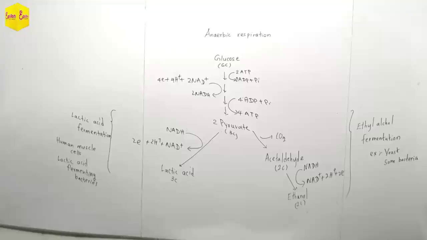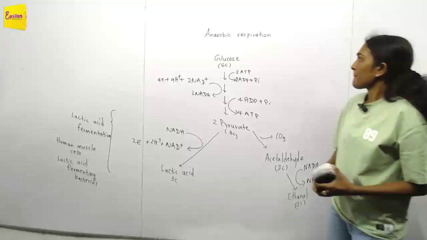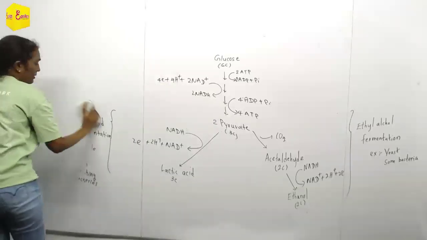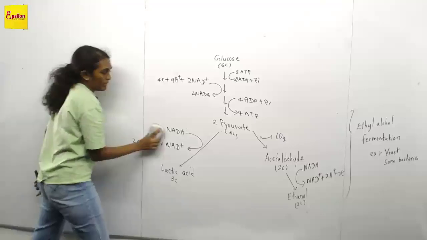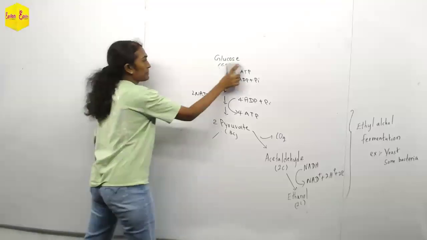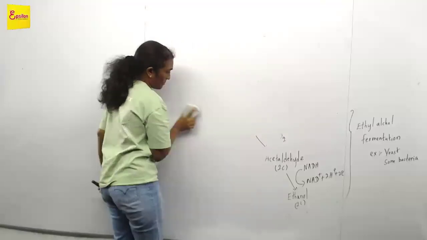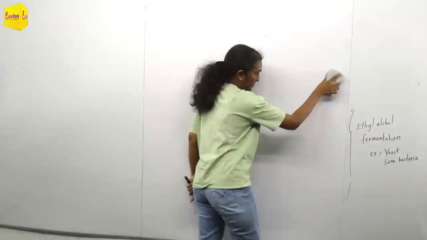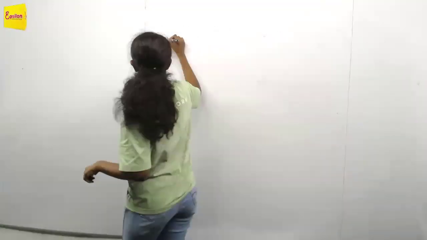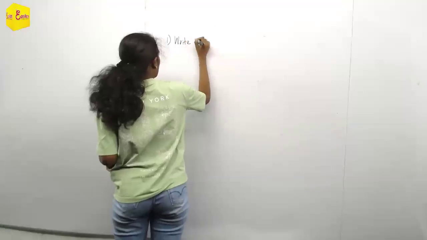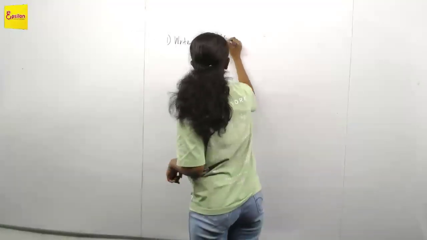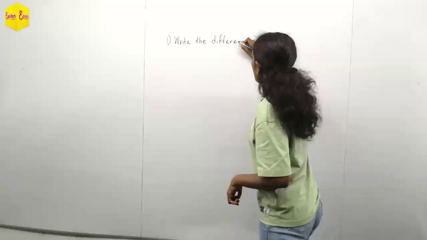All of you done? Write down these two questions. First question, write the differences between aerobic respiration and anaerobic respiration. Always try to write best answers first, okay?